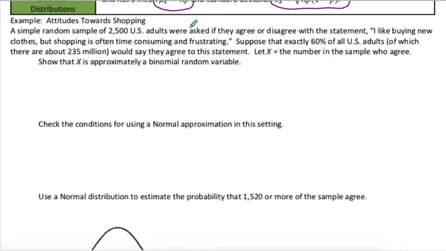Suppose that exactly 60% of all U.S. adults, of which there are about 2.35 million, not 2.35, 235 million, good grief, would say they agree to the statement. Let X equal the number in the sample who agree. Show that X is approximately a binomial random variable. Okay, so this is going to be a BINS idea. So binary, agree or disagree.